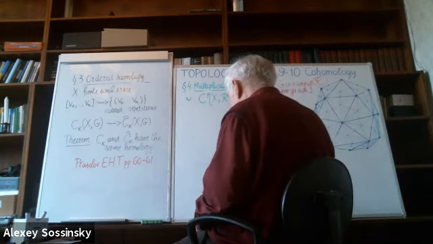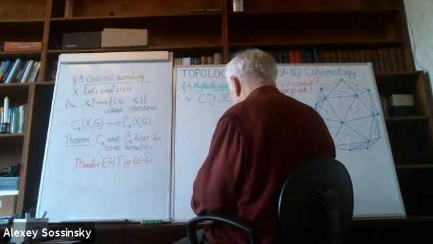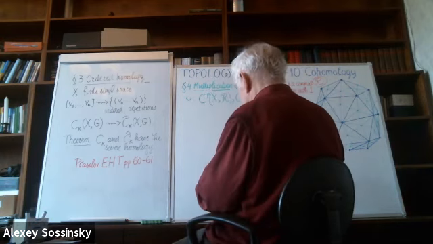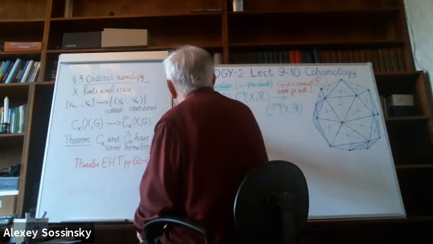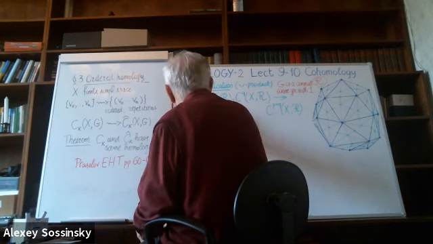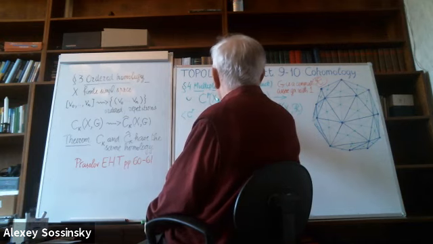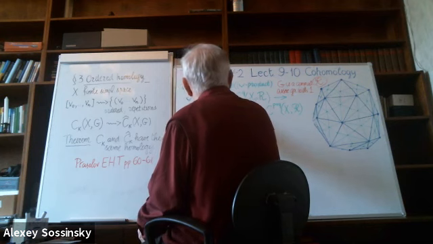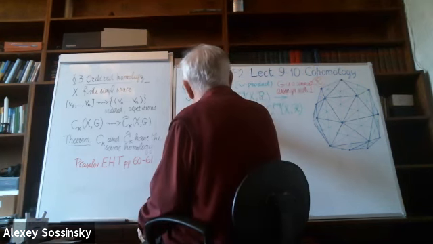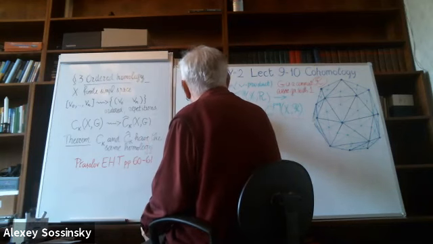And it does this in the only reasonable way that it can be done, namely, we write C^p, so this is a cochain from this group, multiplied by C^q, which is a cochain from the other group.